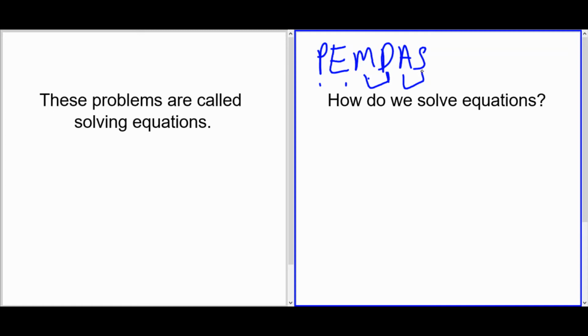When you're solving, it's sort of the reverse of that. In other words, it really is written like this. So subtraction comes first.